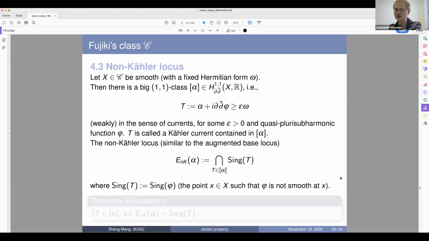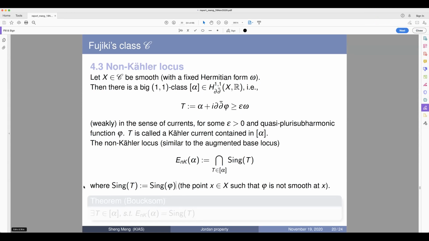In the Moishezon class, everything is Moishezon. So the image of a Moishezon should be Moishezon, right? Yeah, of course. Then it may help. So the locus is not bad, it's Moishezon. But the proof is still the same, I think.